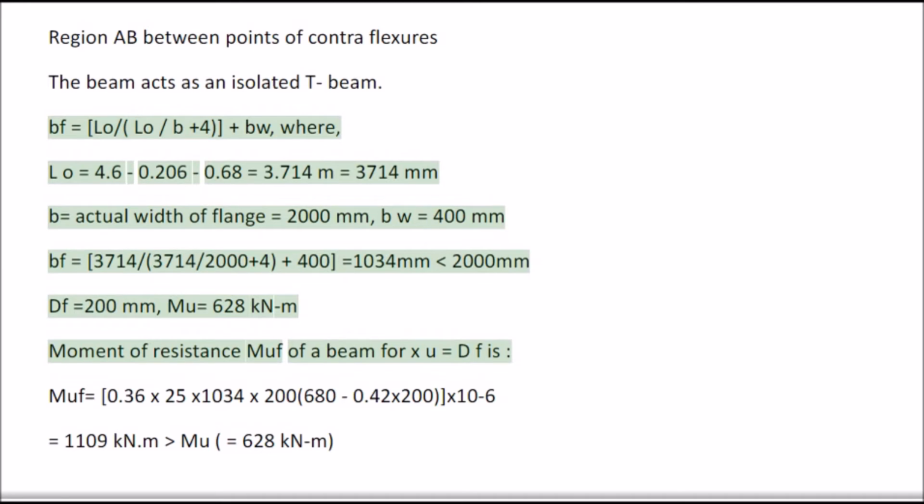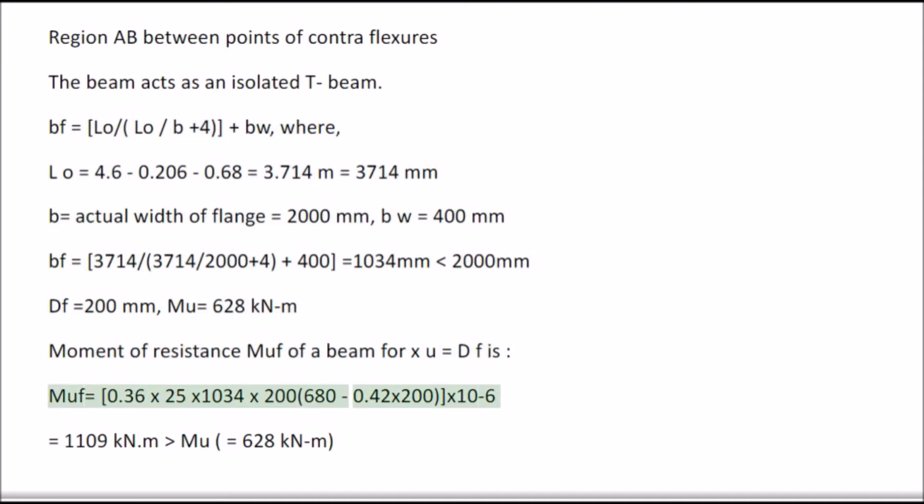B equals actual width of flange equals 2000 millimeters. bw equals 400 millimeters. Bf equals 3714/6 plus 400 equals 1034 mm.